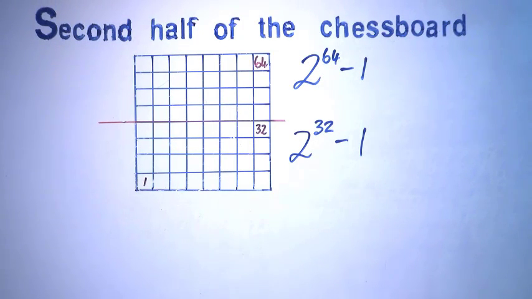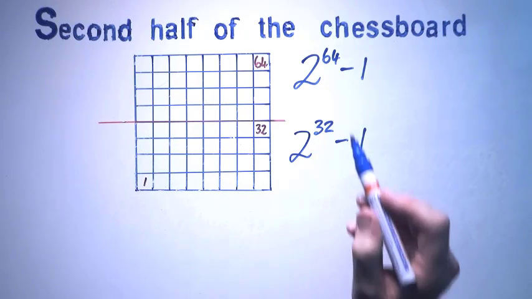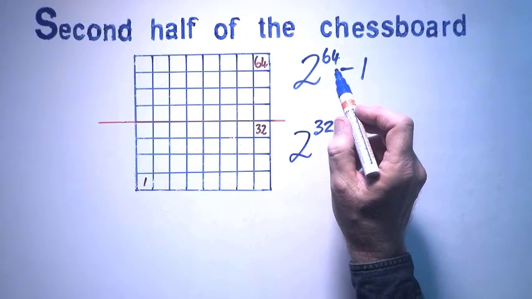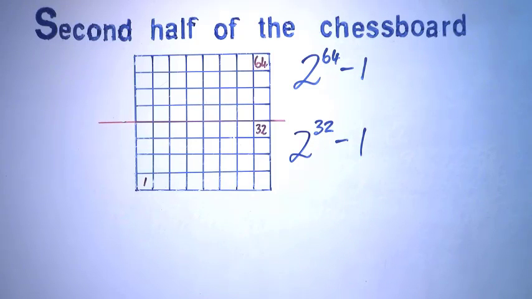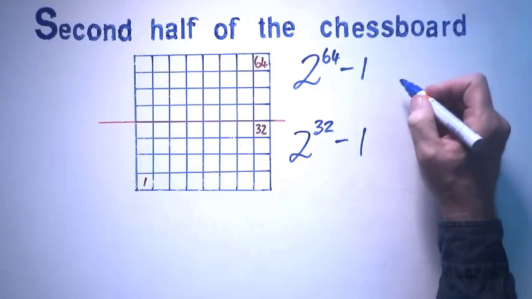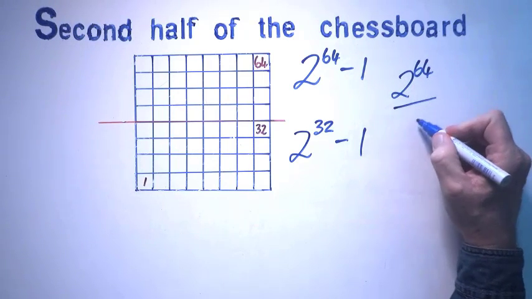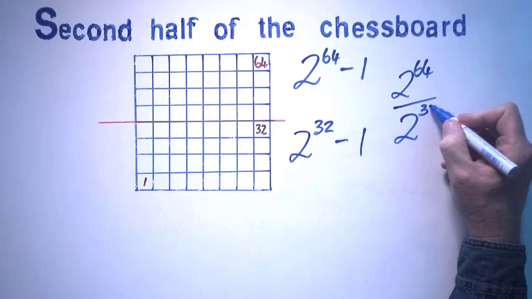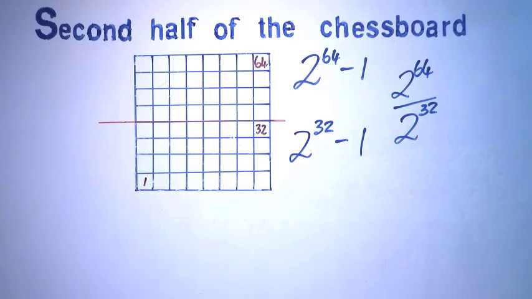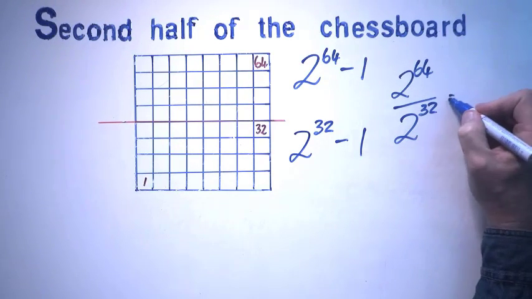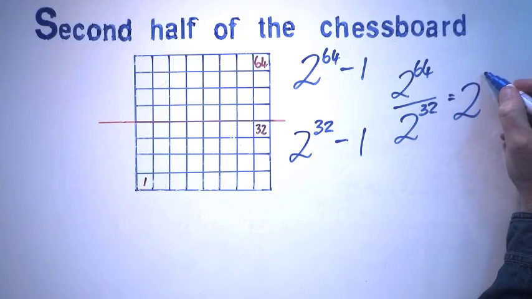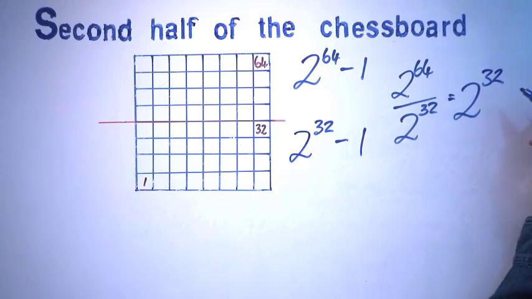I'd like to ask the question, how much larger is that number than this number? Well, if I round these numbers to 2 to the 64th power over 2 to the 32nd power, we know by the second law of indices that the answer here is 2 to the 32nd power.